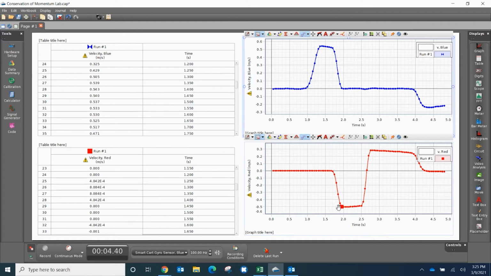Then the acceleration stops, and the red car and blue car no longer are accelerating. In fact, the red car is still moving at this velocity, -5 and change meters per second, and the blue car has stopped moving, which is what you observed.